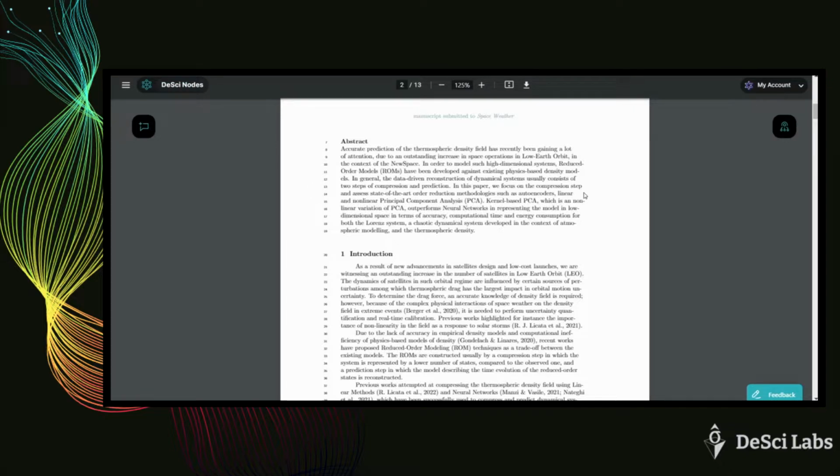Previously they had some specific methods to determine the orbit of a satellite. But nowadays, since there are many more objects, we have to tune the accuracy of locating the satellite. In this low orbit region we have different kinds of perturbations, and among all of them, thermospheric density has the highest contribution.